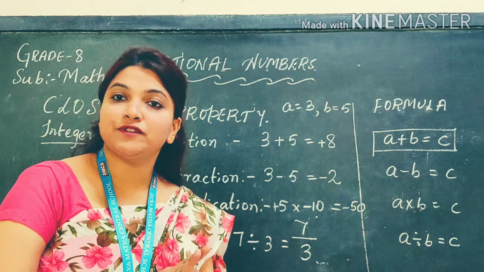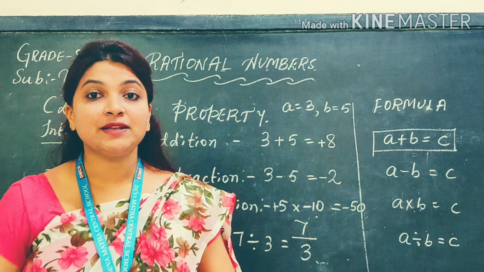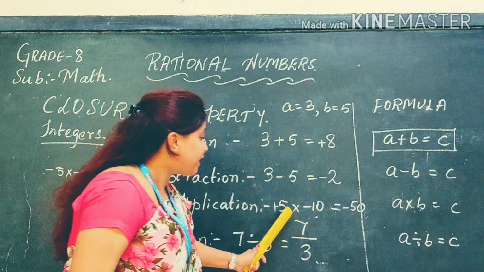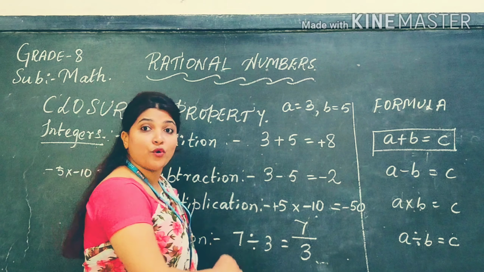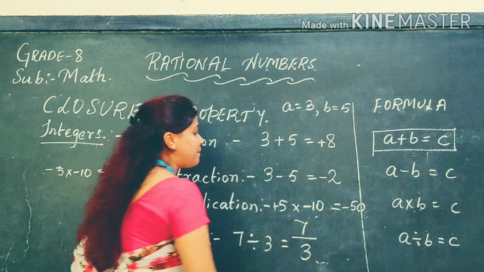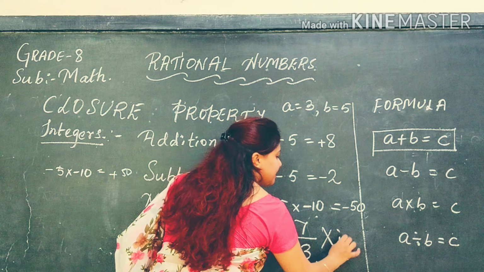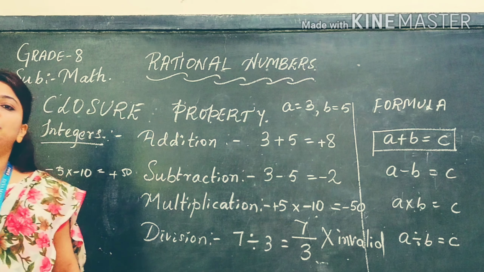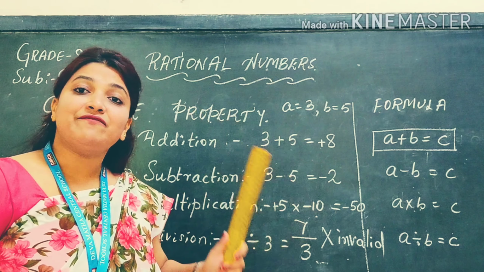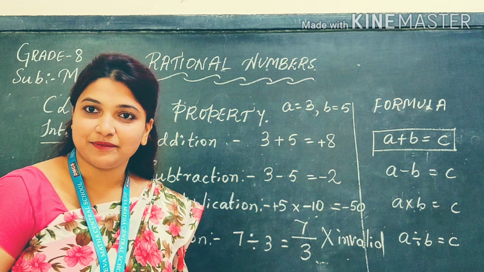There are only negative numbers, only positive numbers, including 0. But you cannot have something divided by something. So therefore, here in this case, my closure property is invalid. Closure property is invalid for division.